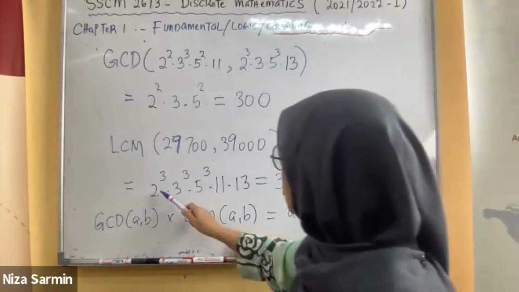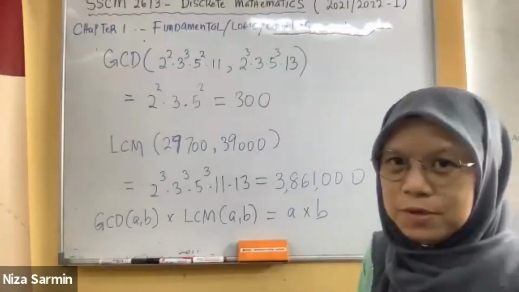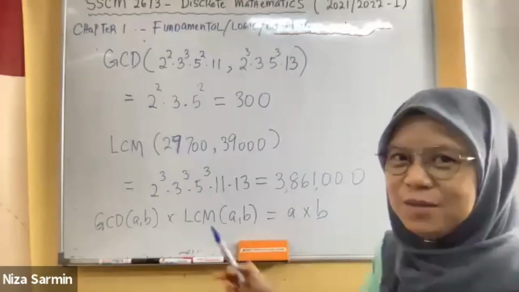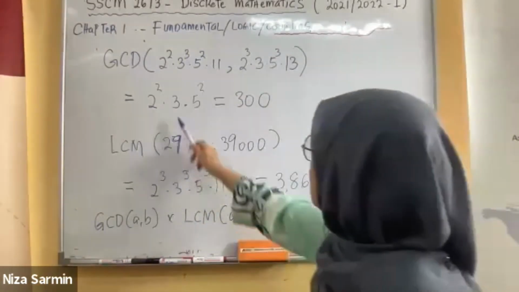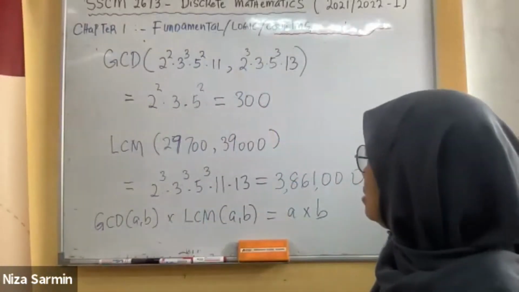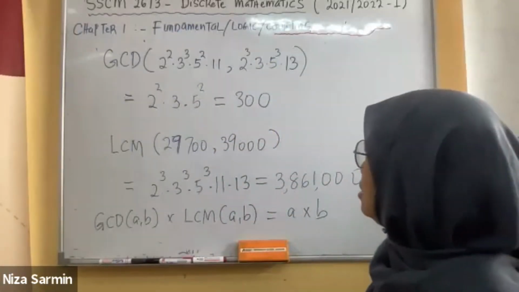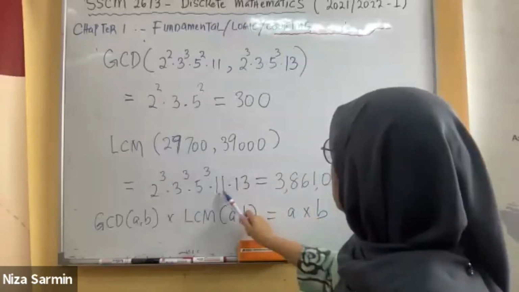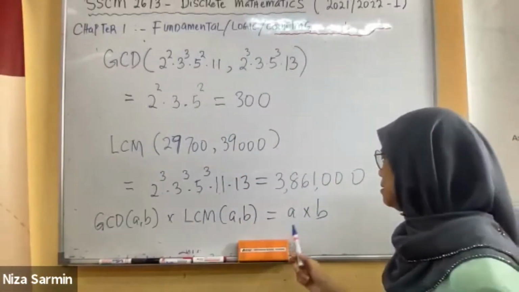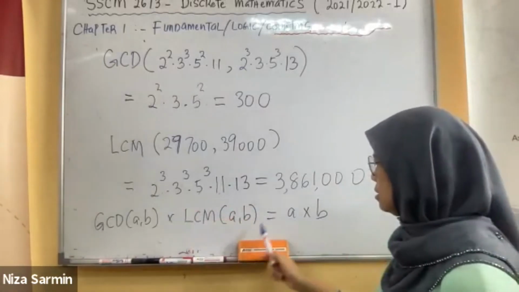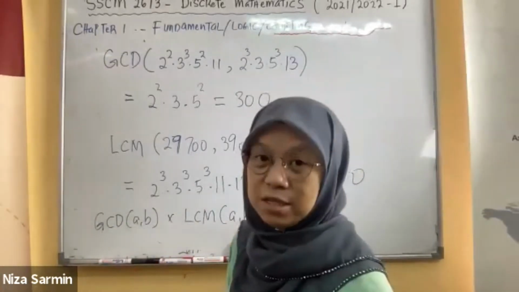If you multiply these two, it's like this times this. One is bigger, one is smaller, so you always take from one side. This and this, and then 5, one from here, one from here. And this one, nothing here. So sometimes you can just figure out the LCM by already getting the GCD.